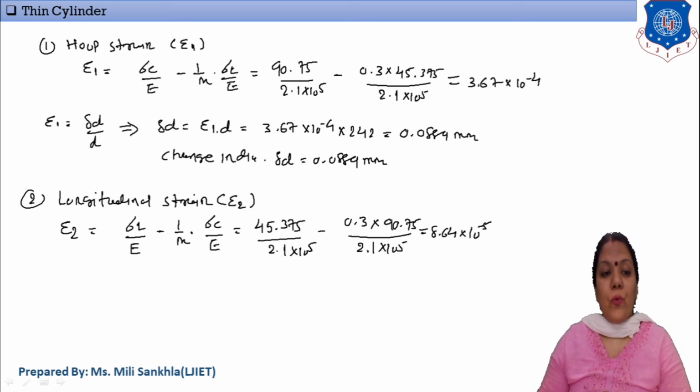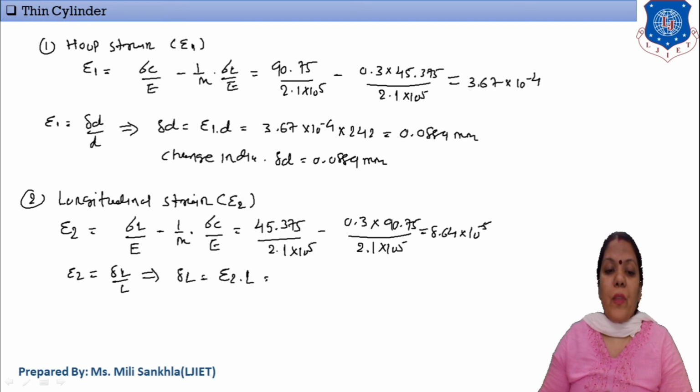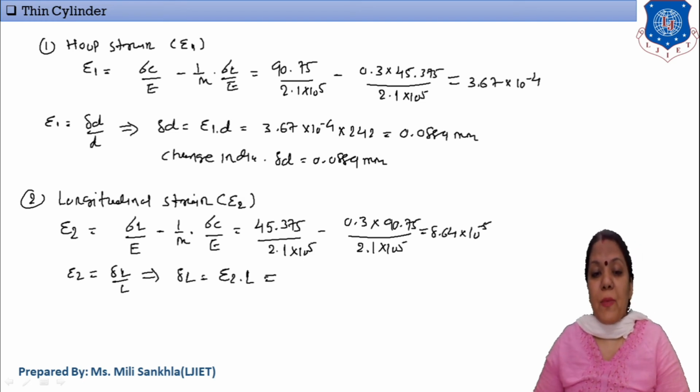Now what is longitudinal strain? Longitudinal strain is equal to del L by L. Now we find out delta L. Delta L is equal to epsilon 2 into length. The answer for epsilon 2 we just found is 8.64 into 10 raised to minus 5 and length is equal to 750.